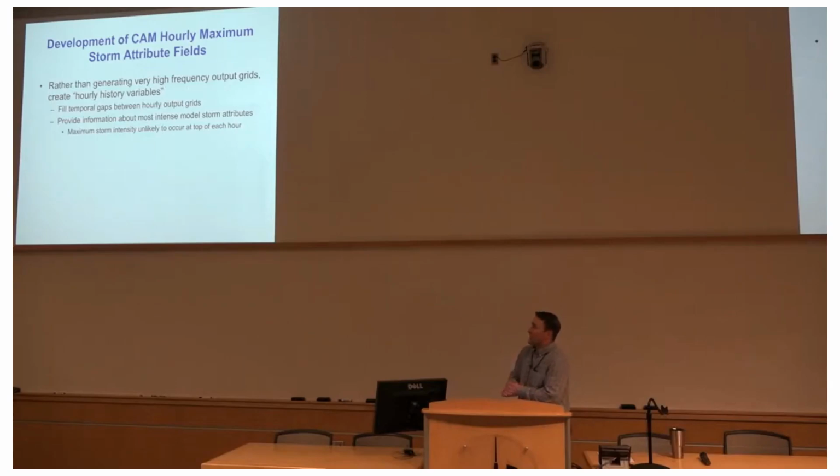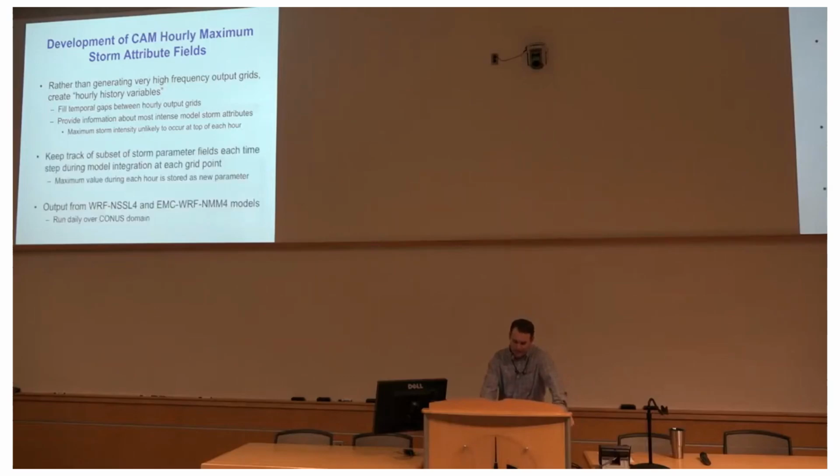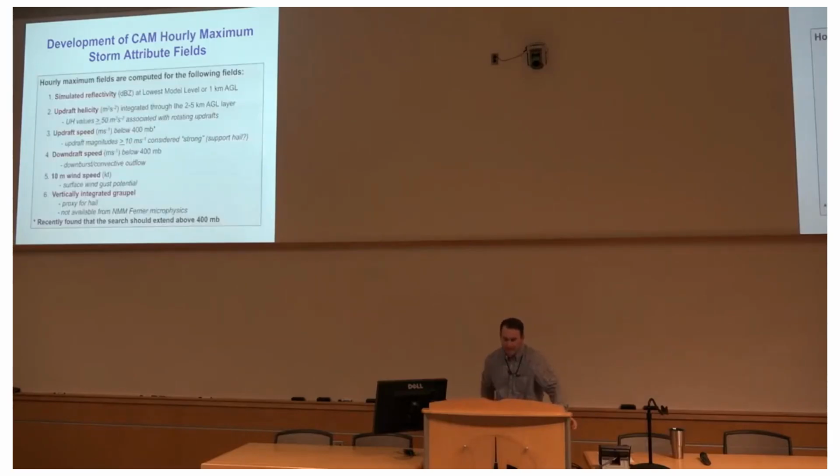So we can track UH every model time step within the model itself and then output what we call the hourly max field of that. And so that's pretty useful. You guys have likely seen those types of fields. So it's not necessarily new anymore as it's becoming more and more common, but it is a very useful way of sort of summarizing information without overwhelming the distribution system.